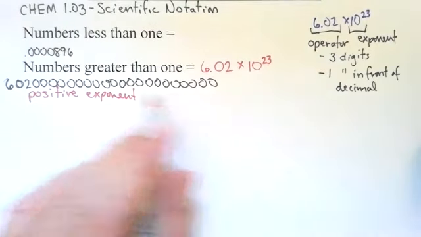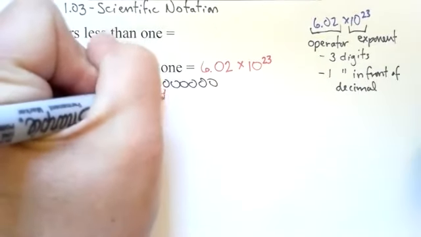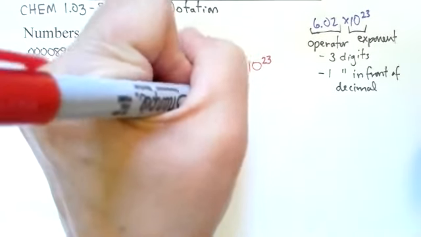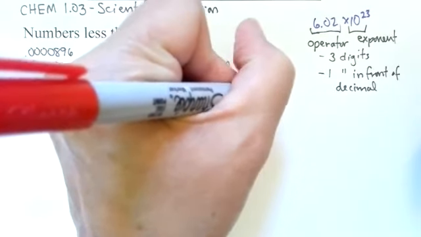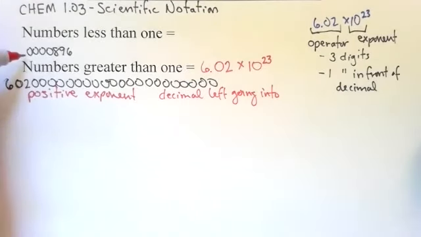You'll notice when I have a number greater than 1, I move my decimal to the left when I go into scientific notation. So when I come out, I have to go back the other way. But when I go into scientific notation for a very small number, I move my decimal to the right.